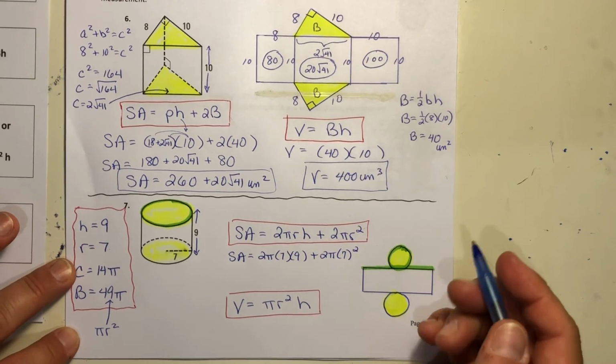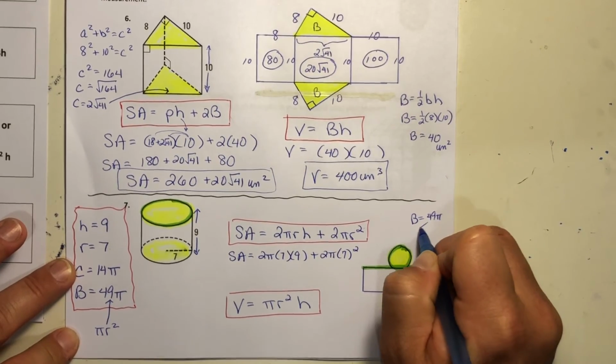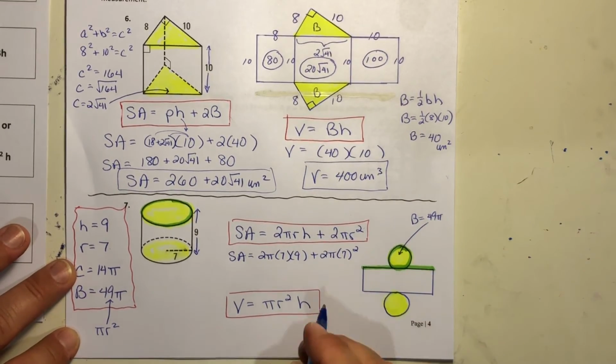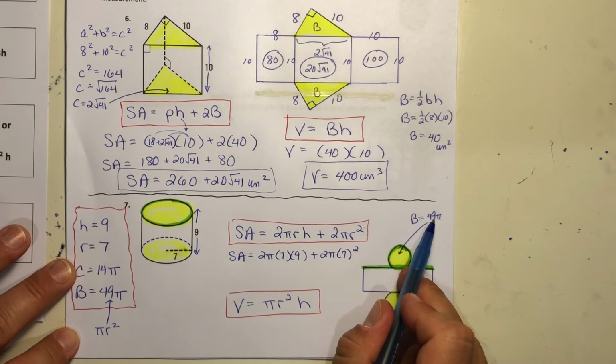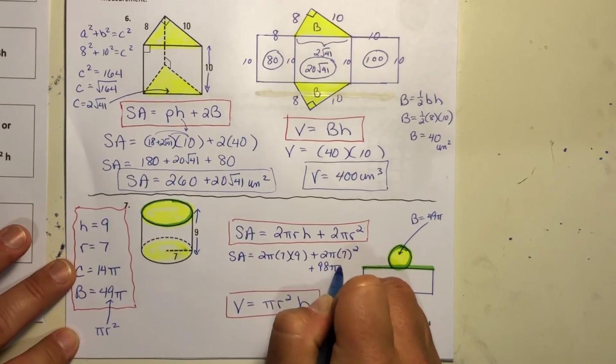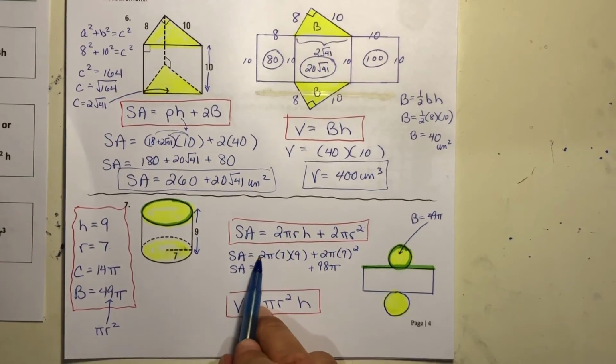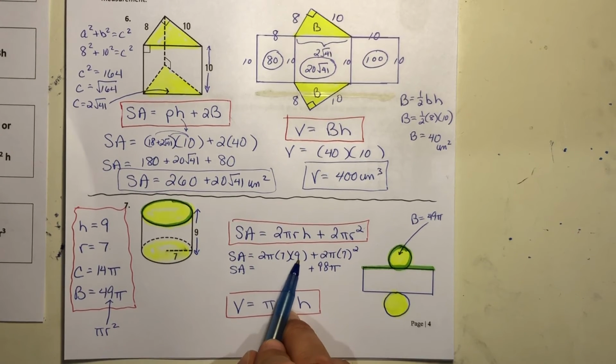All right, so let's think about this. 1 capital B is 49 pi, right? And that's going to be that, okay? So think about it. 49 pi twice will be 98 pi, okay? Surface area. Now, we're going to have 2 times pi times 7 times 9.